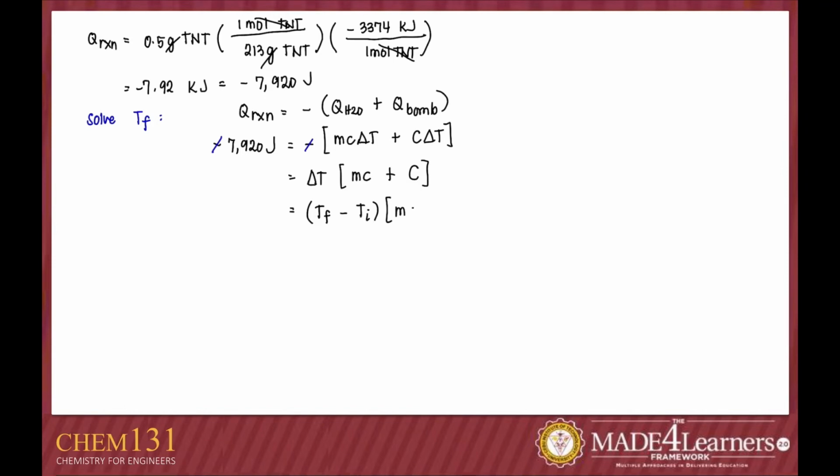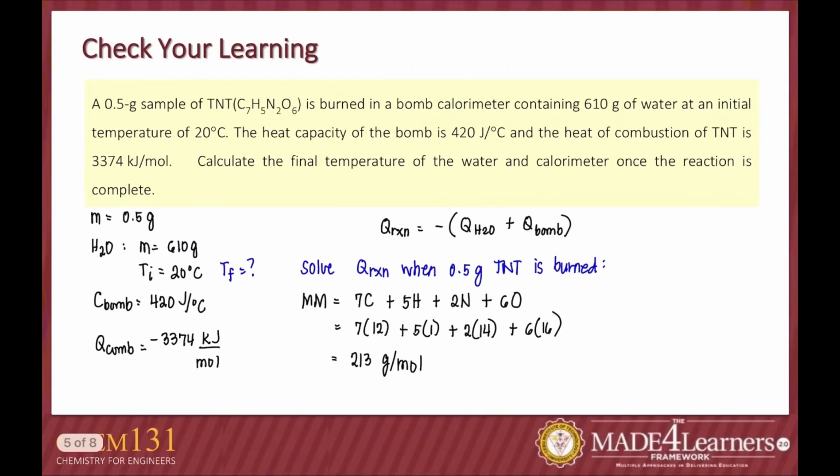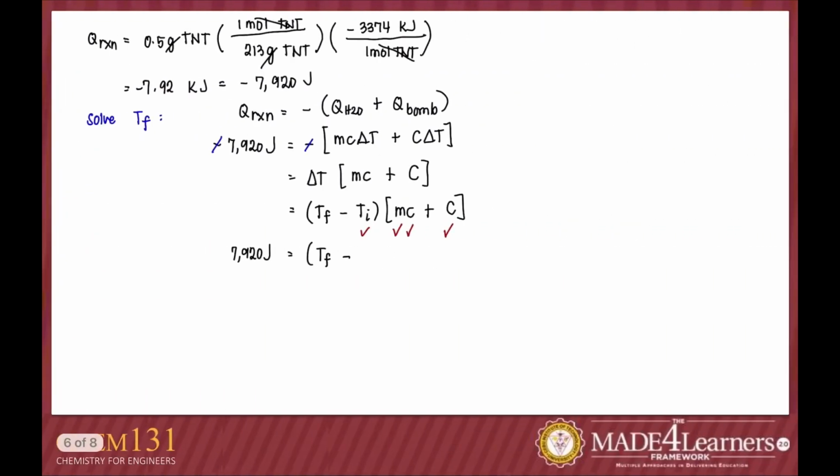Times MC plus C. So, we have the initial temperature. We have the mass of unsa man ni? That's the water. And this is for the specific heat capacity of the water. And this is the heat capacity of the bomb. So, we can now substitute. So, this is 7,920 joules equals the unknown final temperature minus, balik ta kung pila itong initial. Okay, it's 20 degrees Celsius.